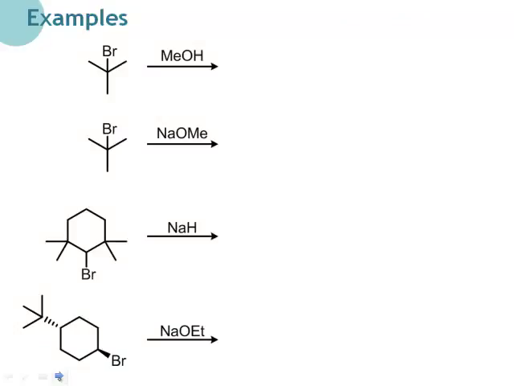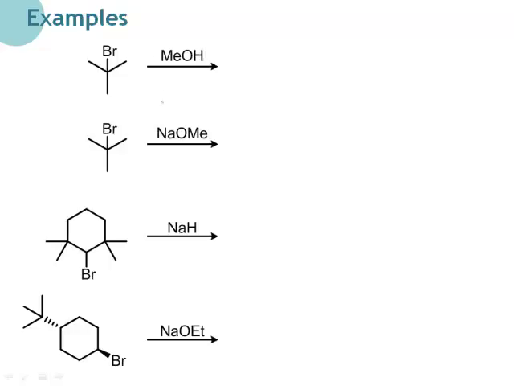So a few more reactions. First of all, just stirring this tertiary alkyl halide in methanol. Because it's tertiary, we're probably going to get some sort of a dissociation to start with. And then we have to think about what methanol is going to do.